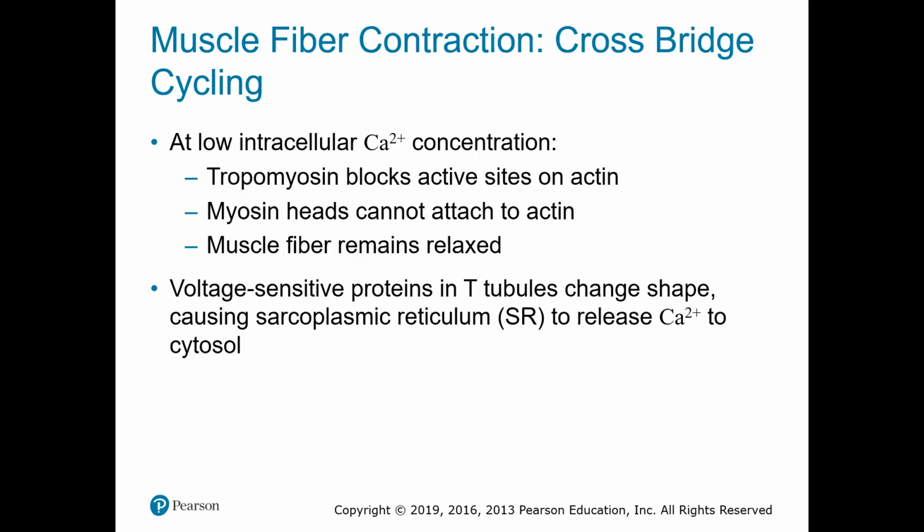We've got to get those tropomyosins out of the way so the myosin heads can grab onto something. So the key here is calcium. Everything we've done to this point is to get the calcium released into the sarcoplasm to flood the cell.